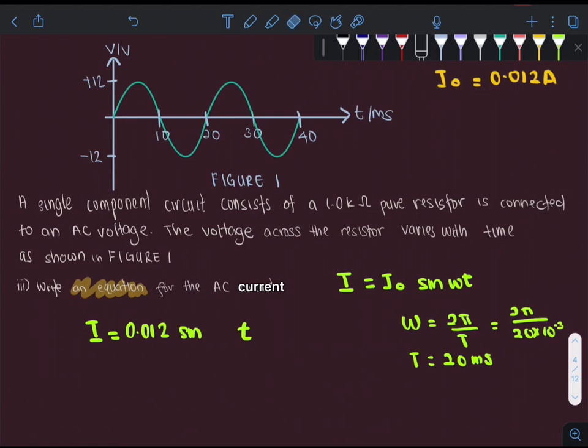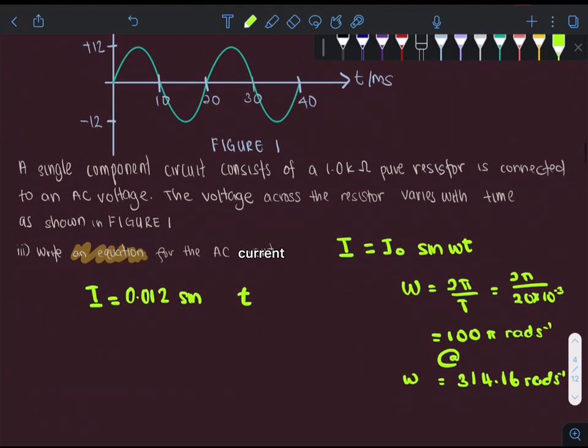From here we get our omega as 100 pi radian per second, or you can say omega is equal to 314.16 radian per second. You can leave your answer in pi, or you can give the whole value. Now we substitute omega into the equation, such as 100 pi t. So this is now the equation for the AC current.